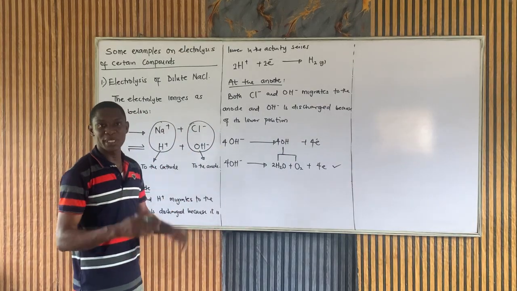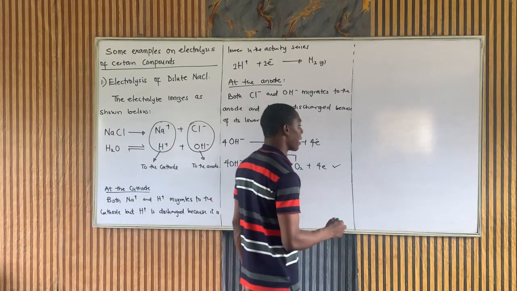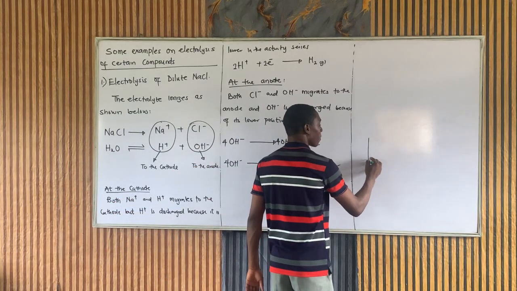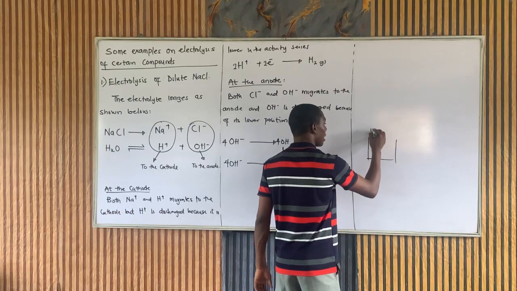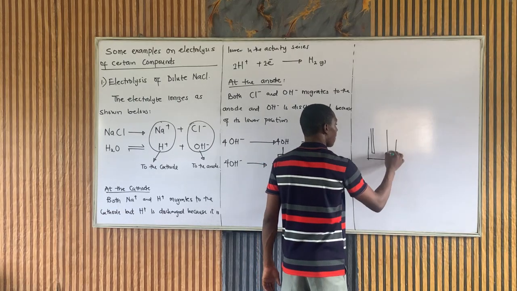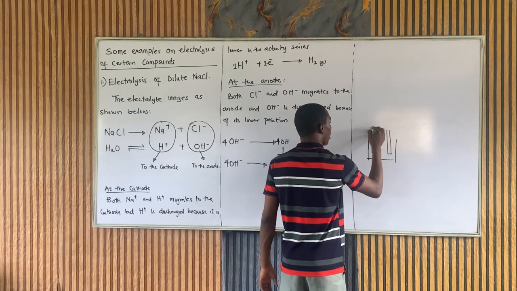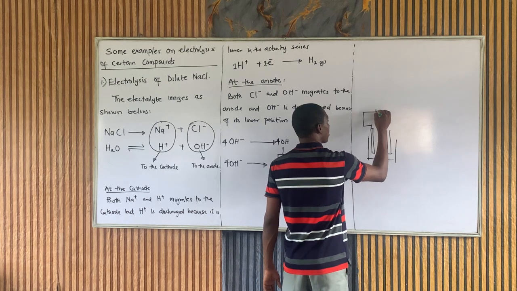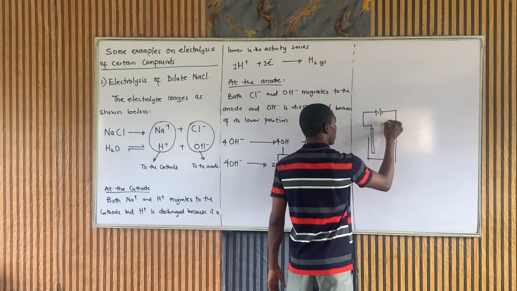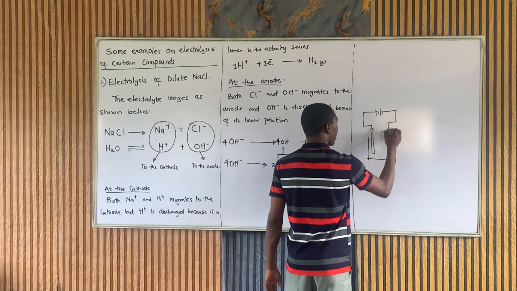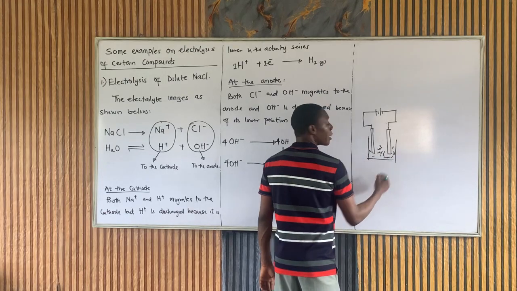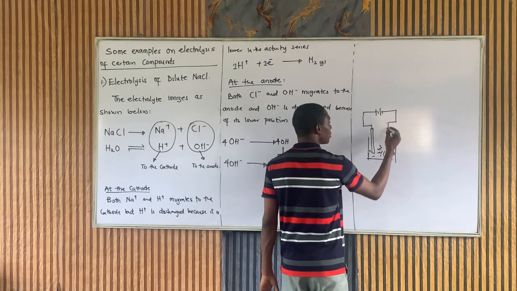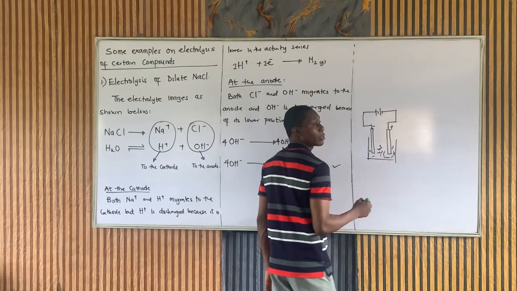So let me illustrate this with the simple electrolytic cell we've drawn before. If this is the electrode, and this is dilute sodium chloride here. Now this is the cathode and this is the anode.